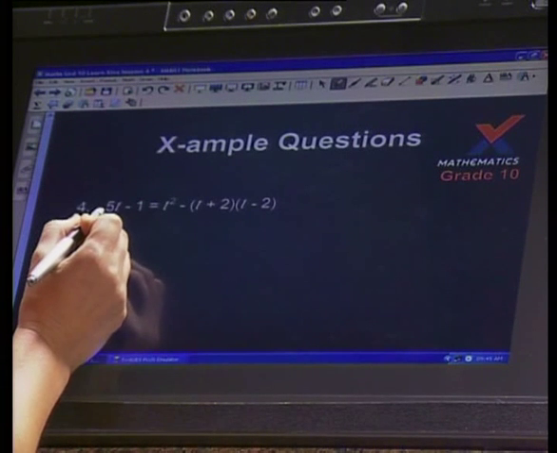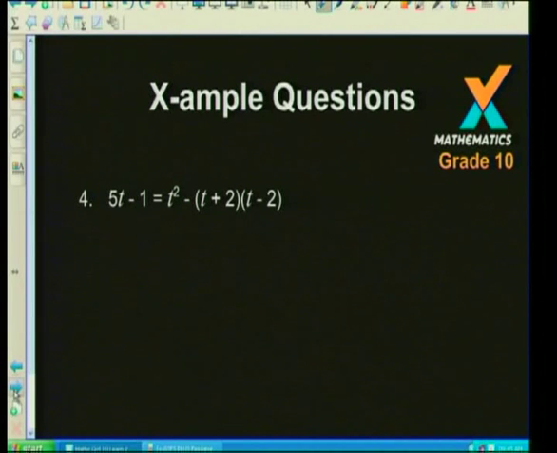Question 4. We have 5t minus 1 is equals to t squared minus, and then we've got a binomial times by a binomial. So the first thing you're going to do is to do FOIL. Everything else for now I'm going to leave as it is and just focus on the FOIL. So 5t minus 1 stays as it is. T squared I'm not doing anything with.